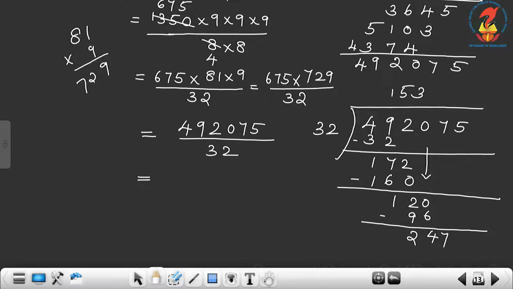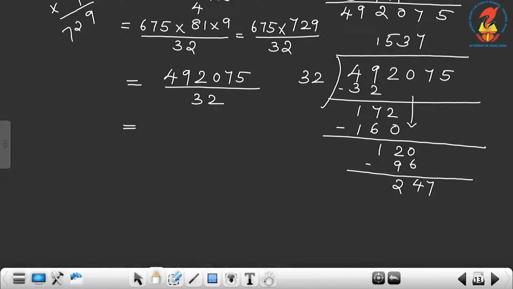Then bring 7 down. Seven times. 7 2s are 14. 224. Bring 5 down. So 7 times 224.